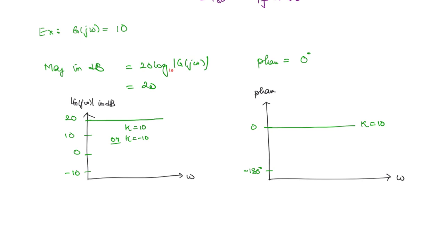Plus 180 or minus 180 represents the same thing, right? We take minus 180 because the phase is usually negative for minimum phase functions, for all the practical functions that we consider. Now the next kind of function that we will be discussing is poles or zeros at the origin.